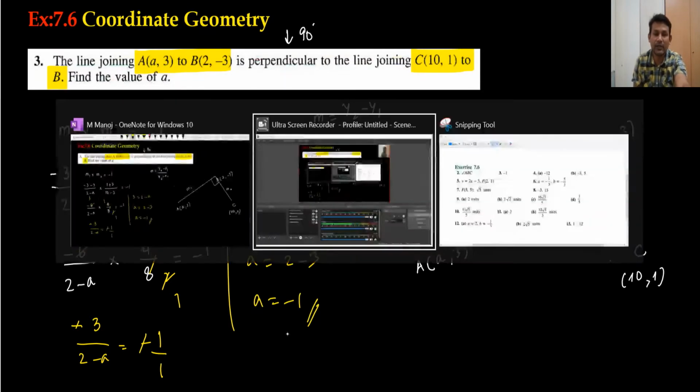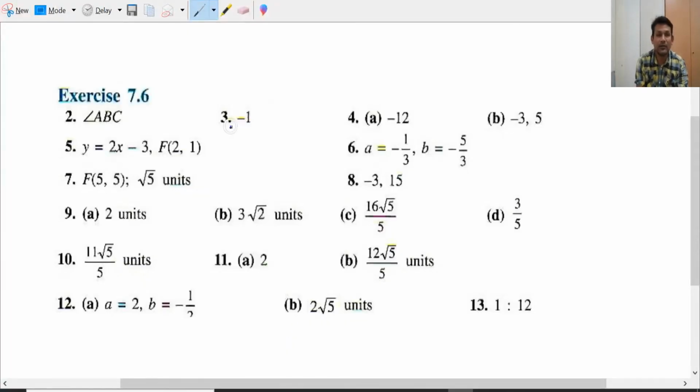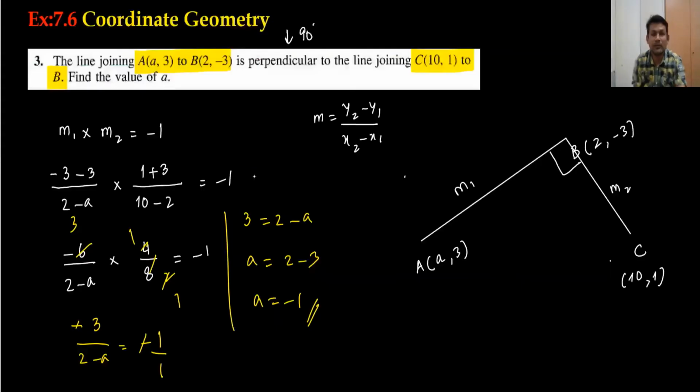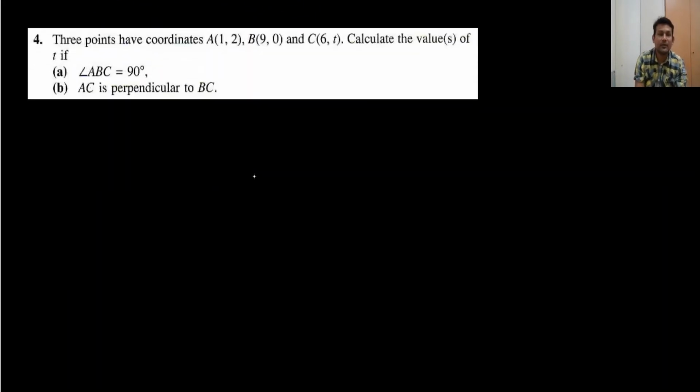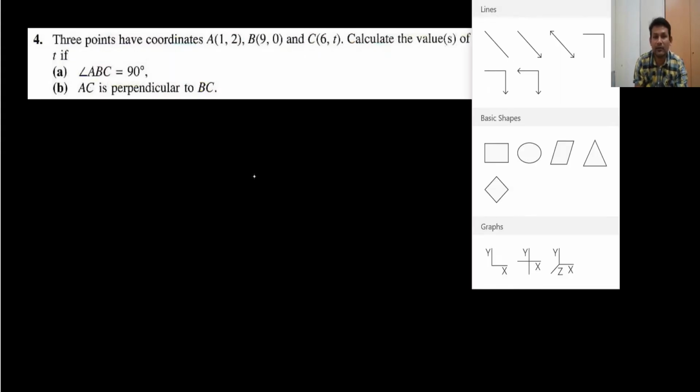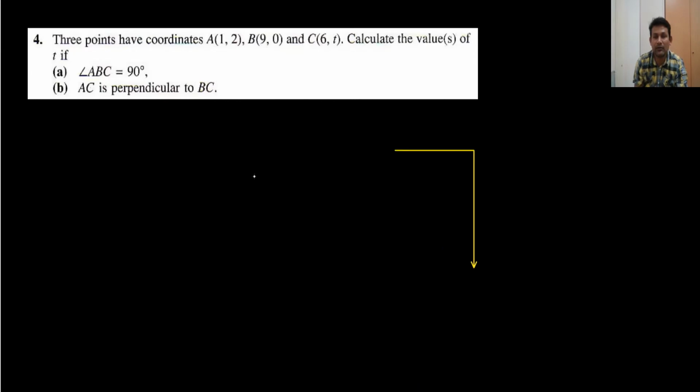Let me check the answer of this part. Question number 3, -1, we are right. Yes. Moving to question number 4. Three points have these coordinates, and calculate the value of this. In this diagram 90 degrees is given here, so we have to draw it.